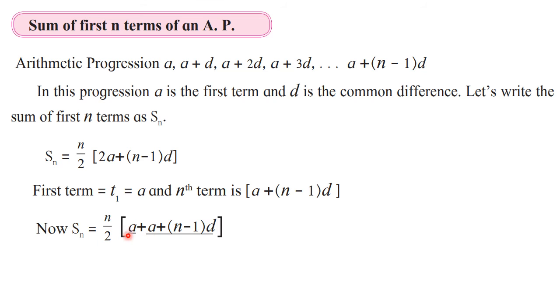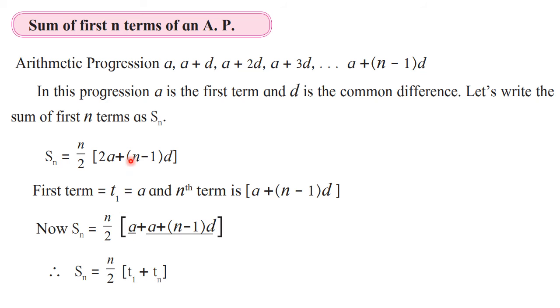Now here this first A we will replace by T1, and see, this is A plus n minus 1 outside the bracket D is formula of Tn. Okay. So here we can write down the new formula as Sn is equal to n upon 2 T1 plus Tn.